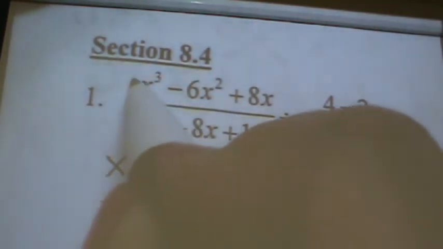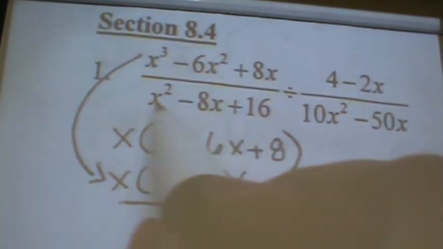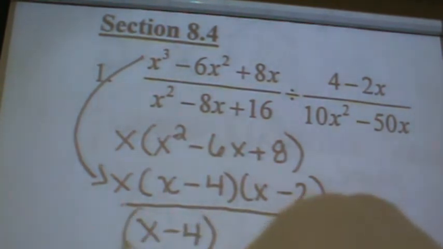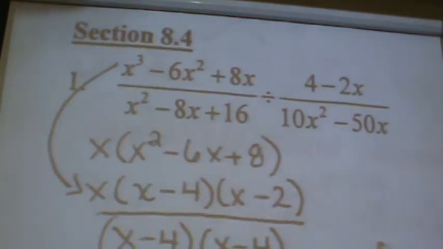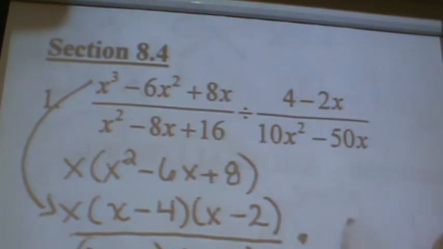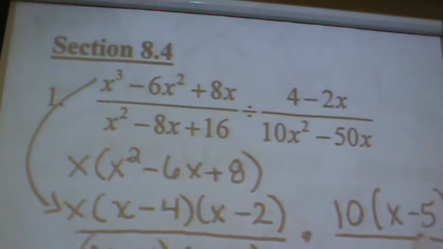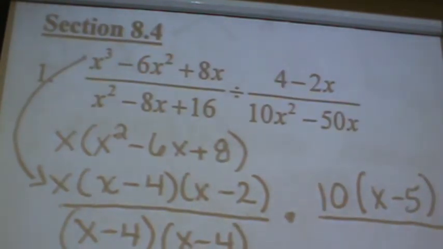Okay, so that is factored completely. How do you factor this? Now you're gonna flip this, I'm gonna take a 10x out. Notice how I put this on top? And then on the bottom, what can you take out?